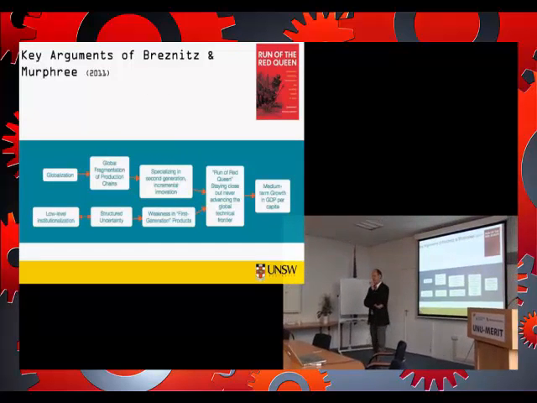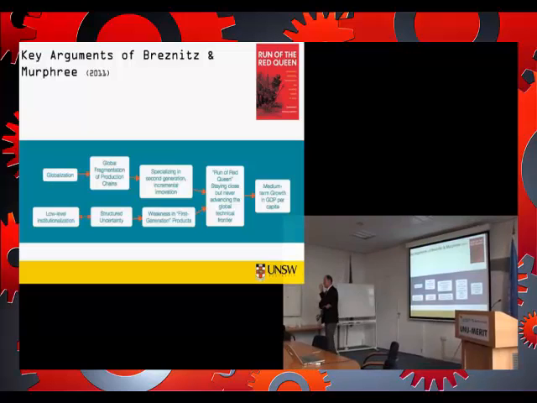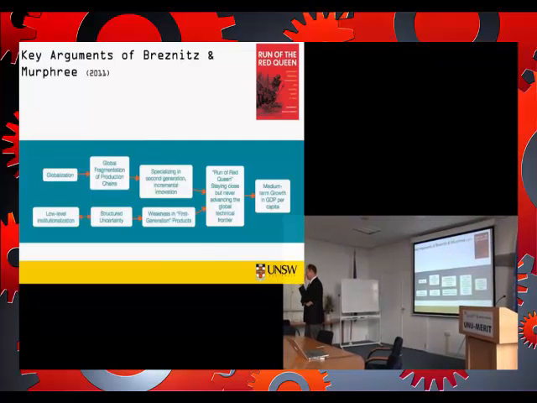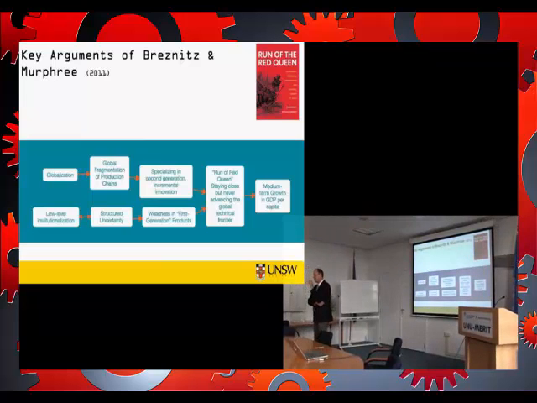walking through Breznitz and Murphree, because they say this is a complete pipe dream. If you really look at what's going on in China, Chinese firms in many sectors are very, very good at rapid imitation, absorbing knowledge from abroad. They say the idea that Chinese companies should be doing first-generation technology is not where the low-hanging fruit is.